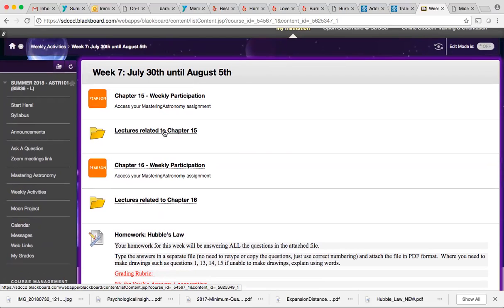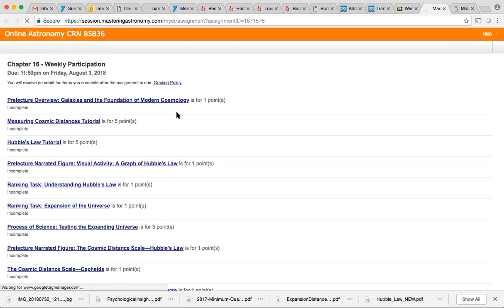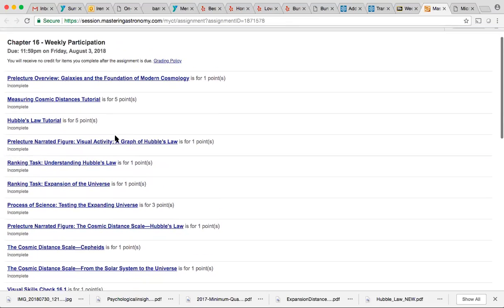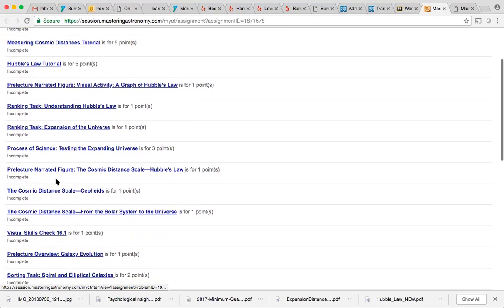In the weekly participation for chapter 16. Which one didn't work? It's after the two tutorials, the Hubble's law tutorial, and then I think the next one after that, this narrated figure visual activity. Maybe that was the one which didn't work.